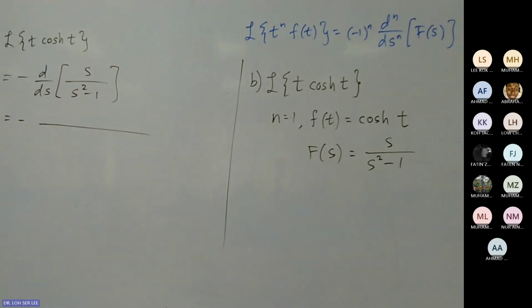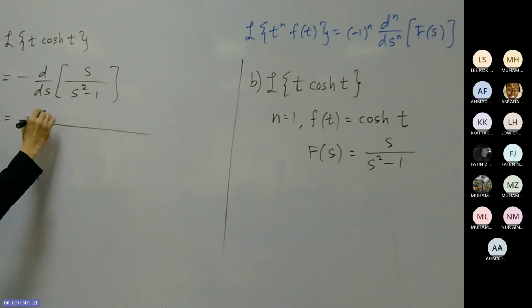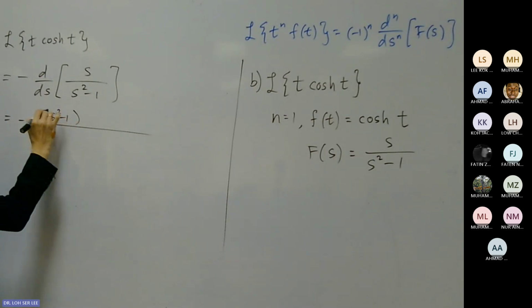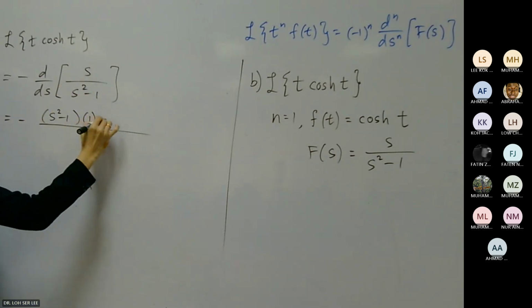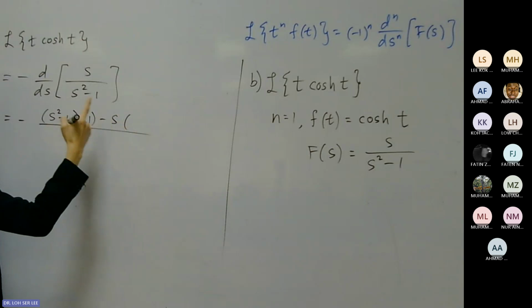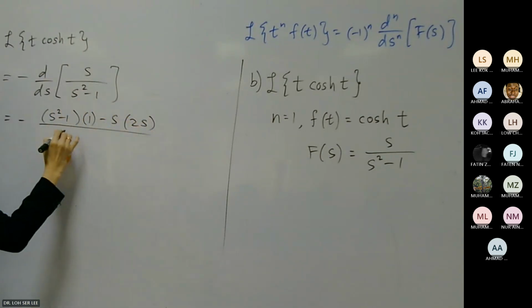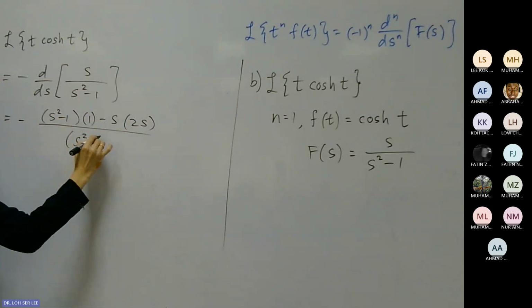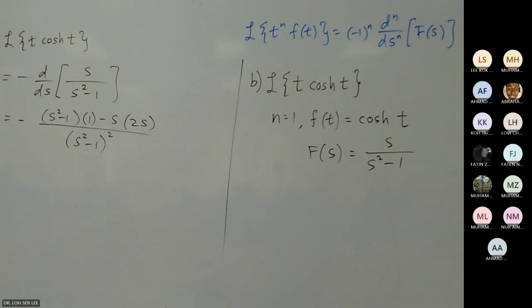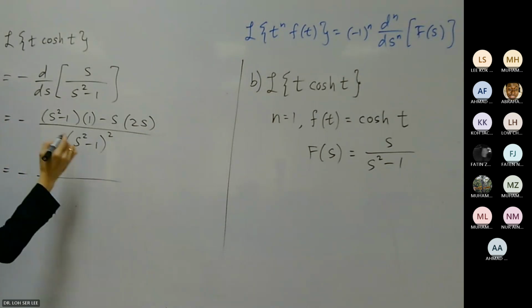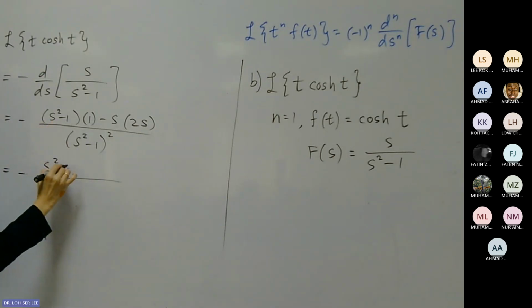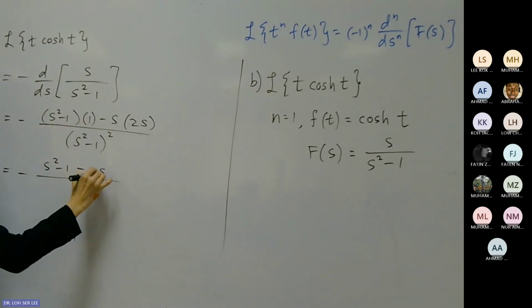Okay, so when you differentiate, you have to apply the quotient rule, right? u over v. So the formula is v u prime minus u v prime over v squared. Then you just expand and simplify. This one you have s squared minus 1 minus 2s squared.